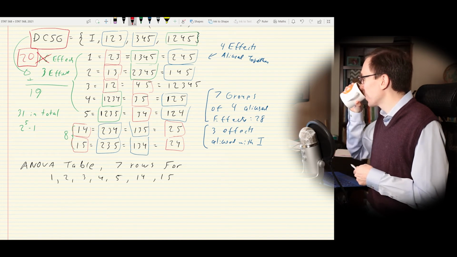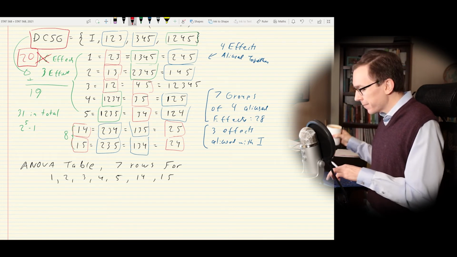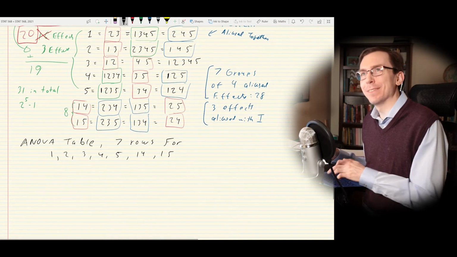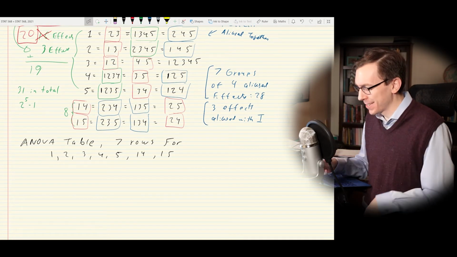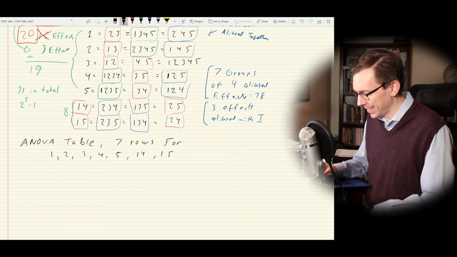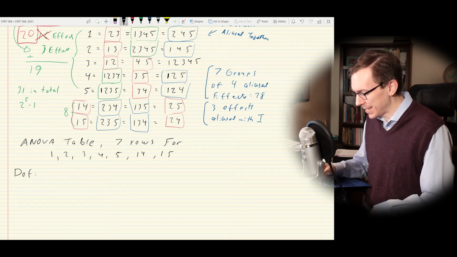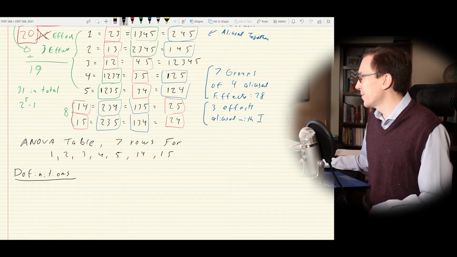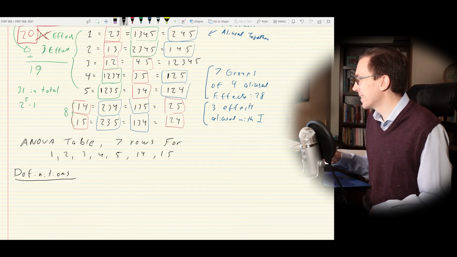So this leads to a bunch of definitions, which should hopefully give us something to ground us with, rather than being stuck with all these crazy numbers floating around. Definitions. So first of all, we have to talk about a clear effect.